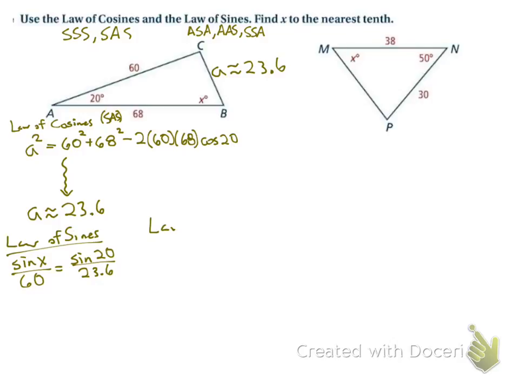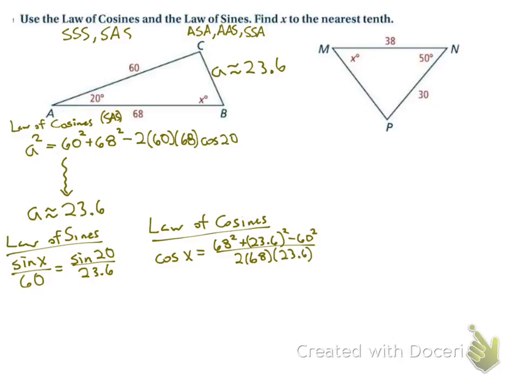If I did law of cosines, I'm solving for an angle, so it's the one where it would be cosine of x equals, top fraction is 68 squared plus 23.6 squared minus 60 squared over 2 times 68 times 23.6.